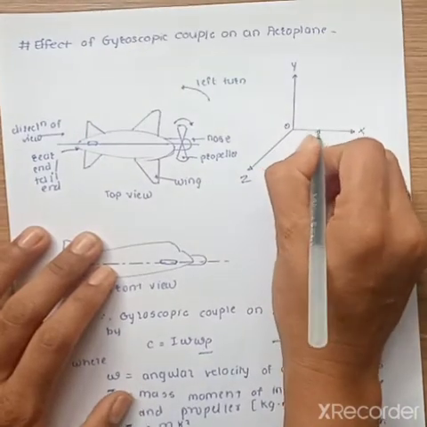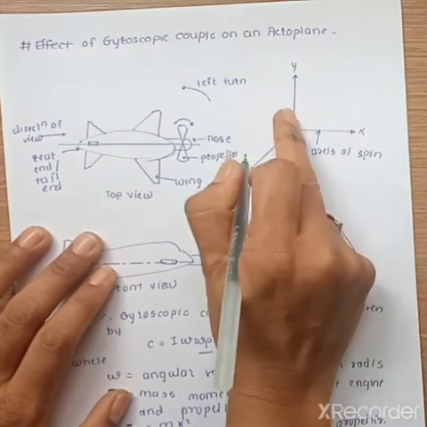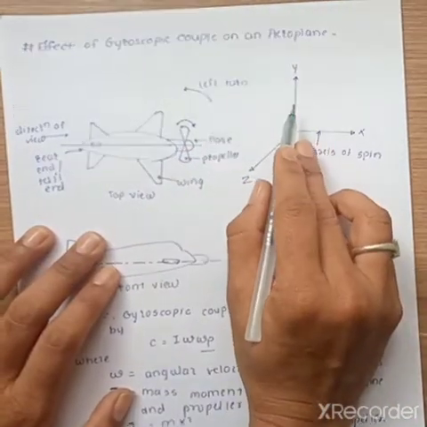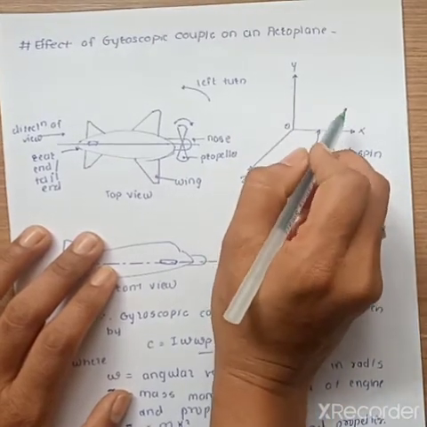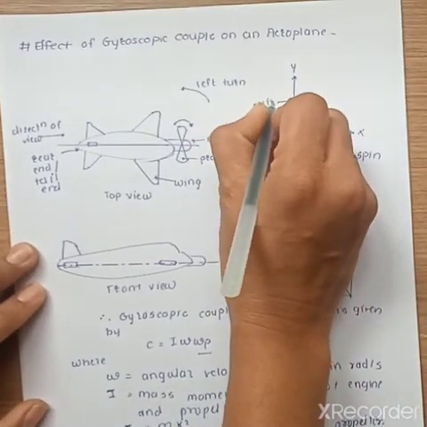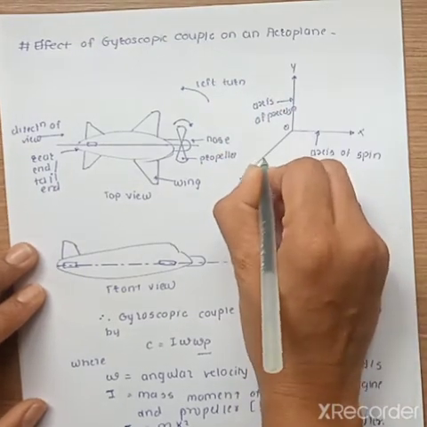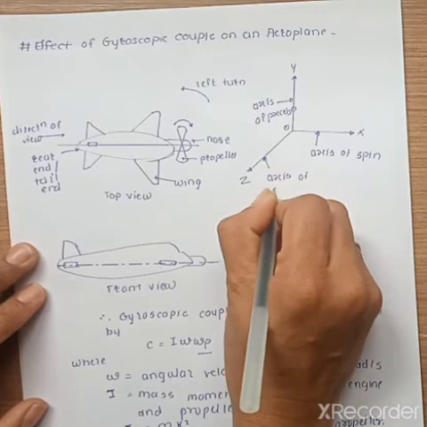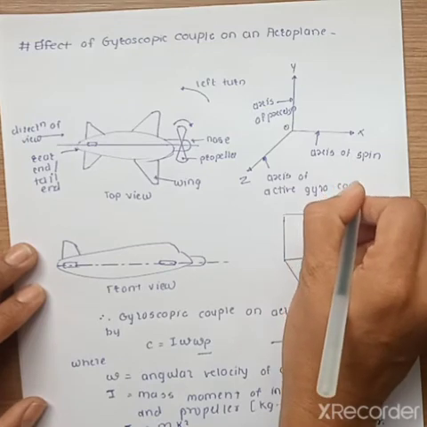Then this becomes the axis of spin, and as it's flying about a plane parallel to this OZX plane, this is called the axis of precession, okay, and this is the axis of active gyroscopic couple.